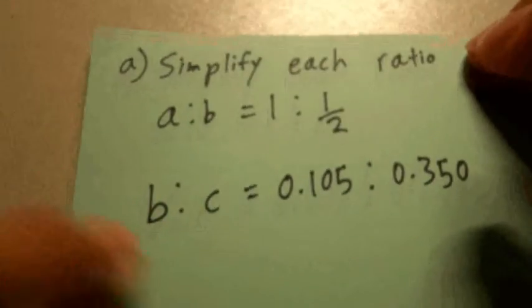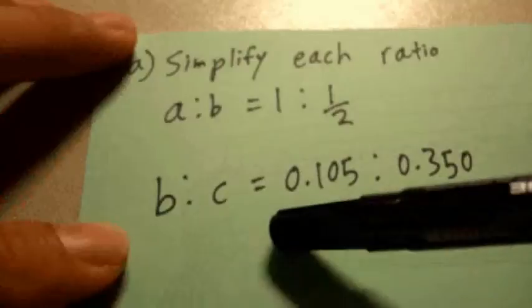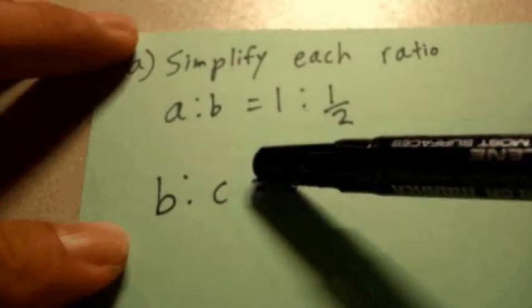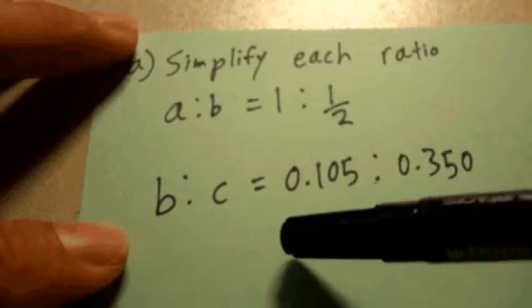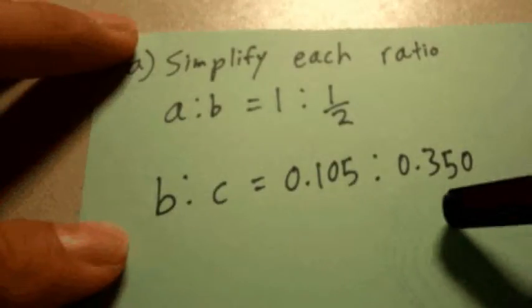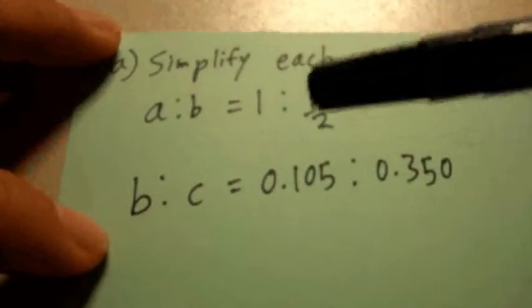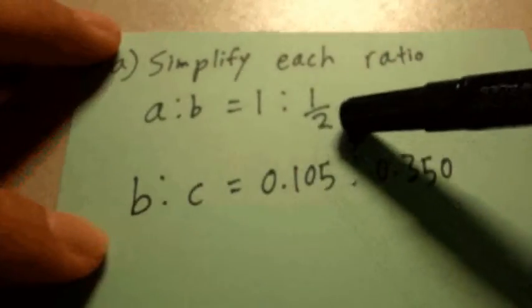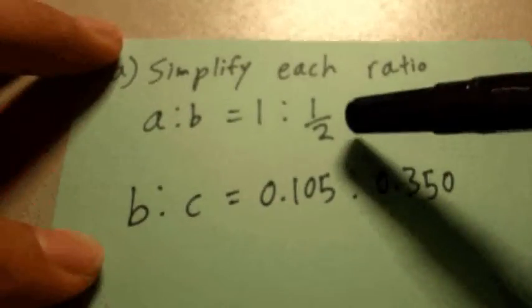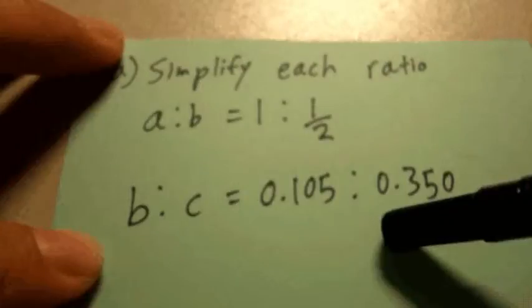Simplify each ratio, A to B and B to C. A is to B is 1 is to half, and B is to C is 0.105 is to 0.350. As we know, in ratio we don't express a ratio in fraction form or decimal form.